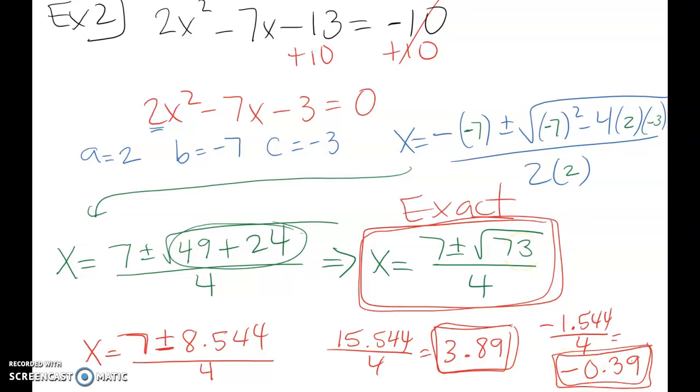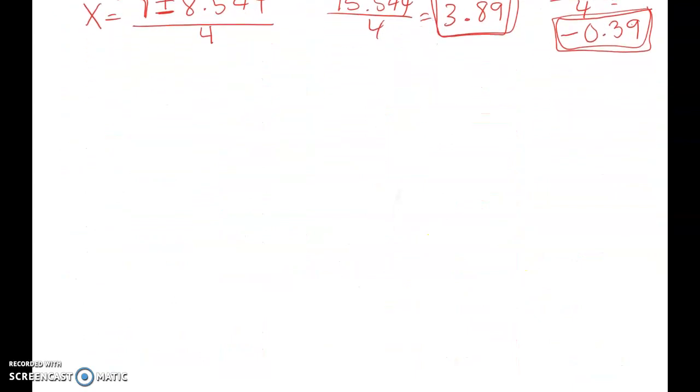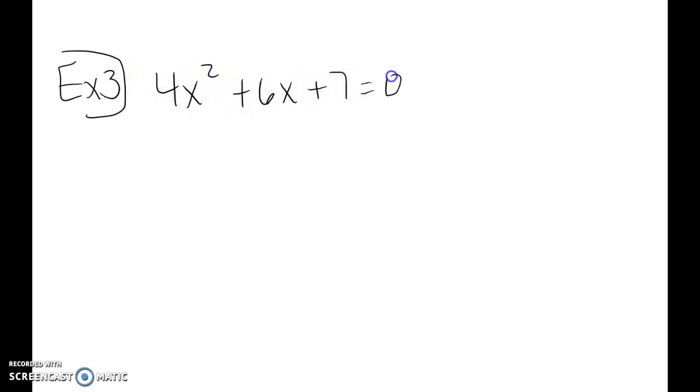So let me show you one more example. Alright, so example 3 is 4x squared plus 6x plus 7 equals 0. So this one already has everything on one side, so I can go straight to identifying what A is, what B is, and what C is.